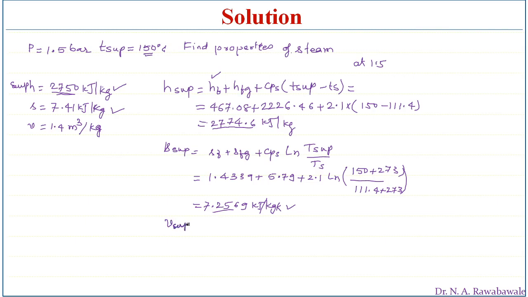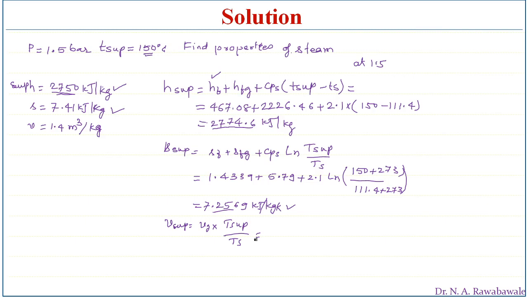The specific volume V, specific volume of superheated steam is Vg into T sup divided by Ts. So Vg from steam table we have to take at 1.5 bar.